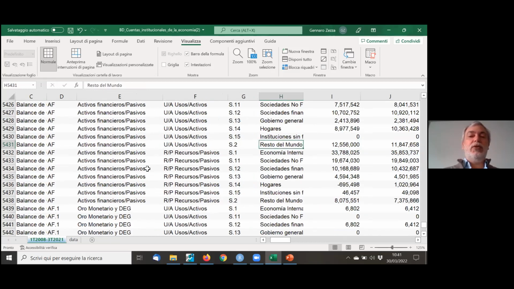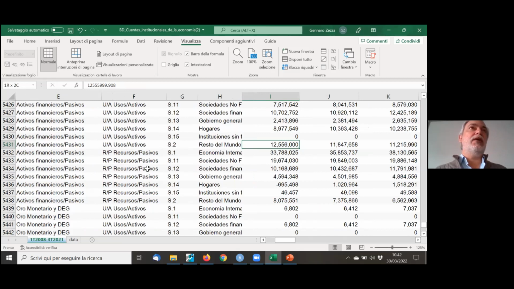So what we could check to begin with is what if we take these assets and liabilities separately, and we check the discrepancy between the published figure here and the figure we can estimate at historical costs.